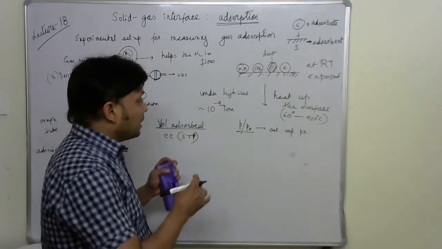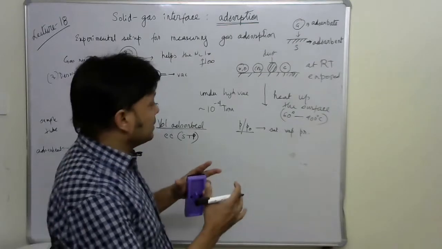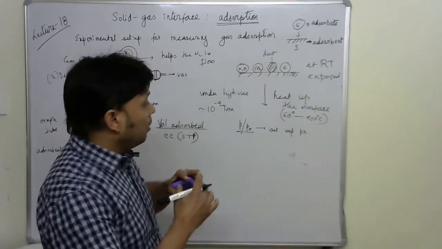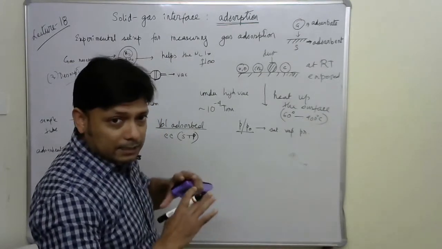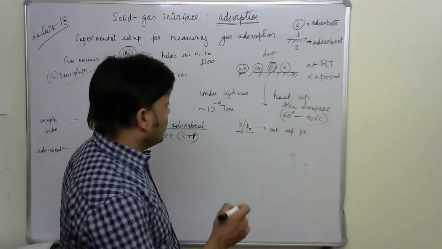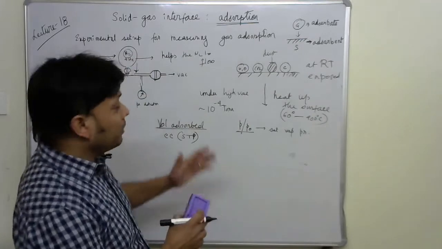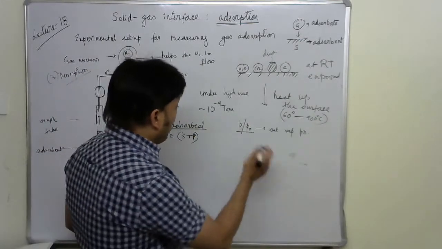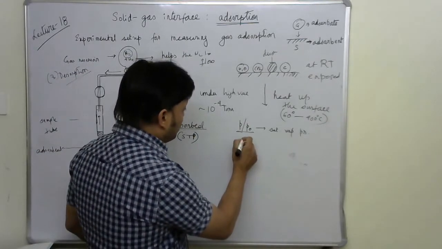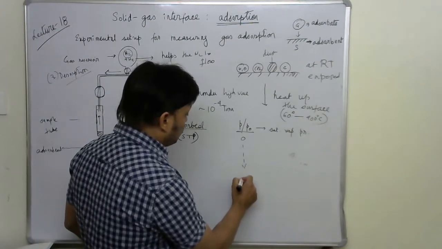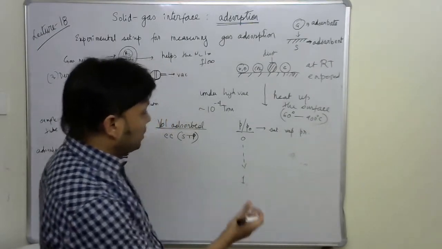That means it cannot hold any more gas molecules. If we increase the pressure a little bit, all the gas molecules would condense as liquid on that surface. That is called P naught, and P is the actual pressure of the nitrogen gas. So P by P naught can start from 0 and go up to 1. The maximum value is 1 when P is equal to P naught.